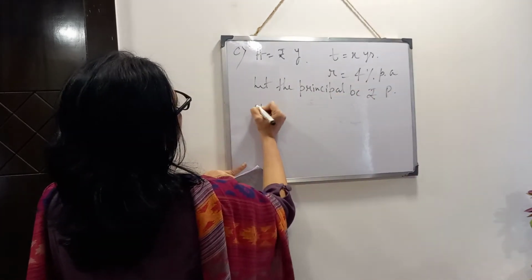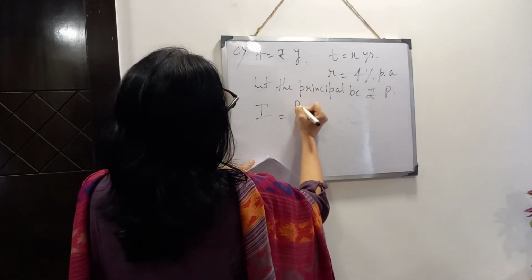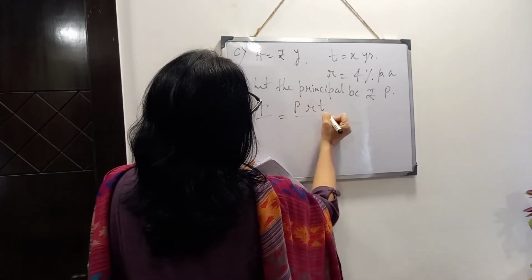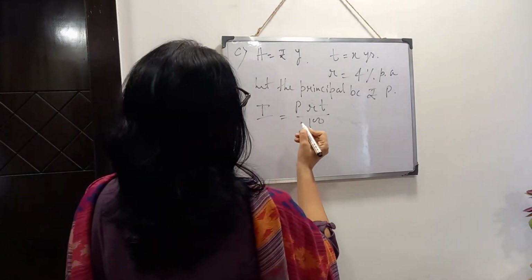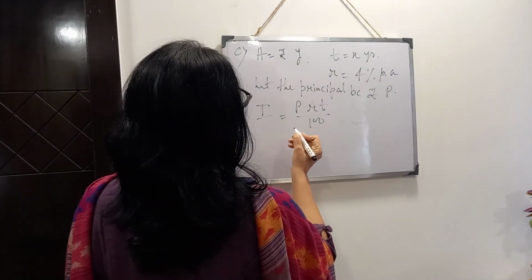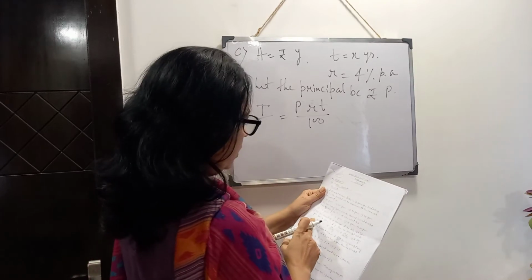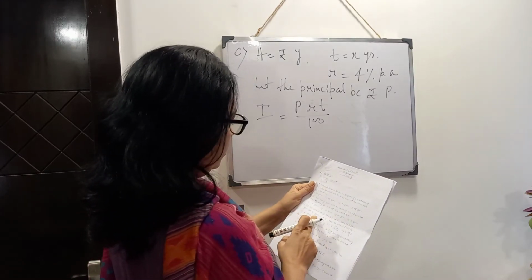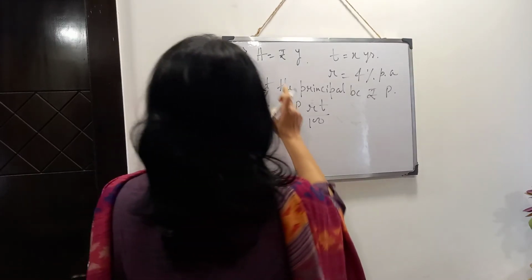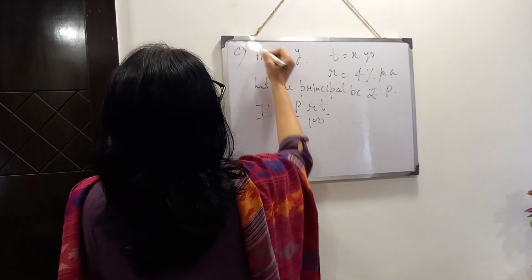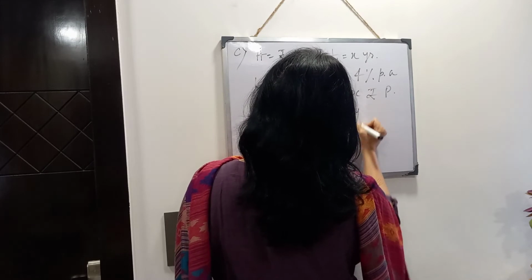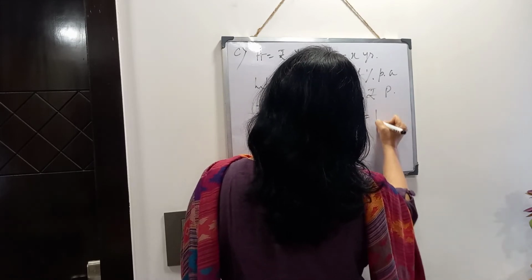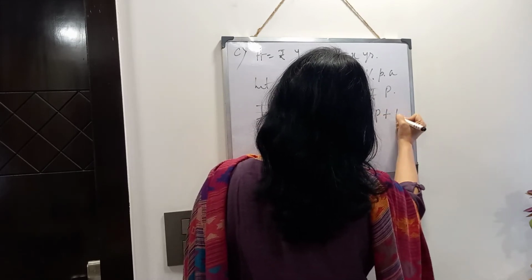So same formula, I equals to PRT by 100. Here, what to calculate? If the amount of a principal for x years is y, from here you have to calculate interest. Amount equals to principal plus interest.